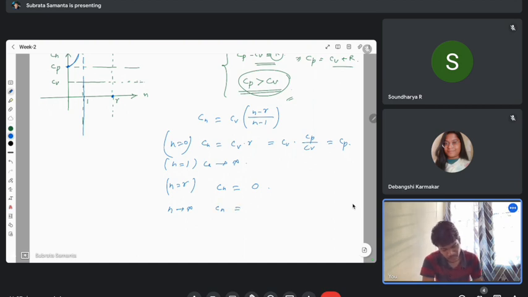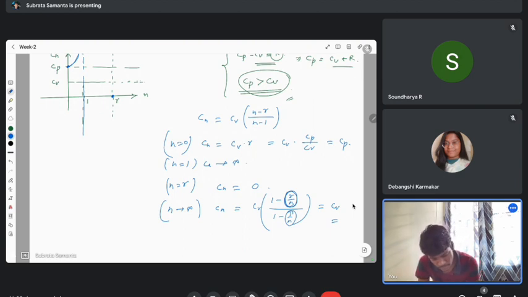Divide by n, so we get Cv times (1 minus gamma by n) by (1 minus 1 by n). Now as n goes to infinity, these terms go to 0, so you end up with Cv, right?